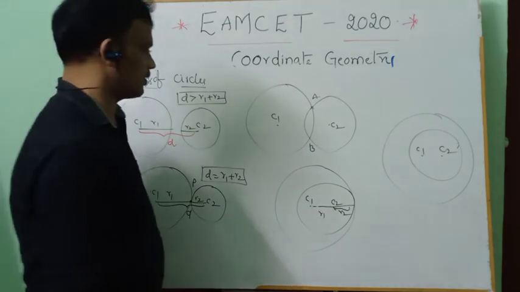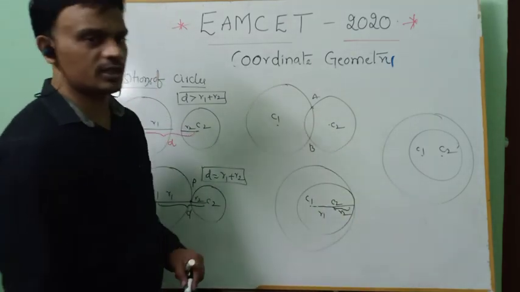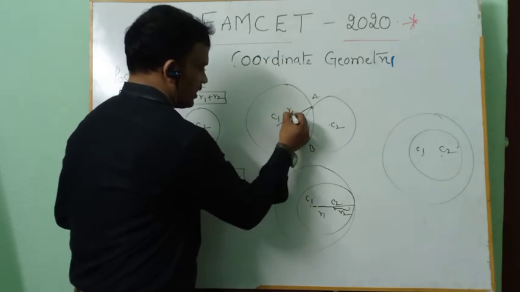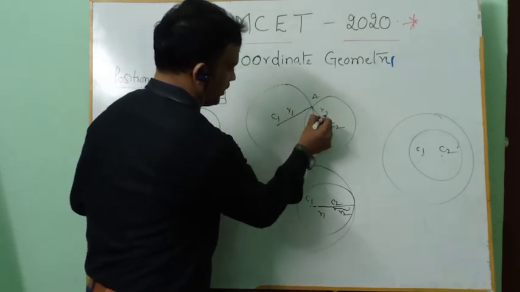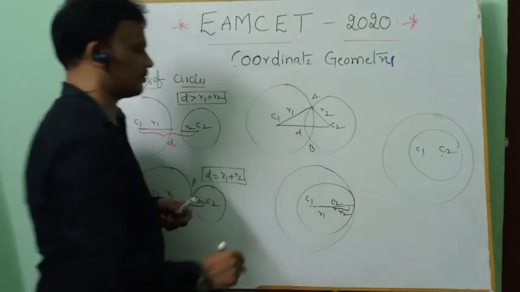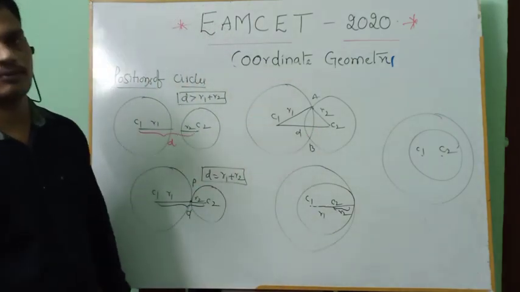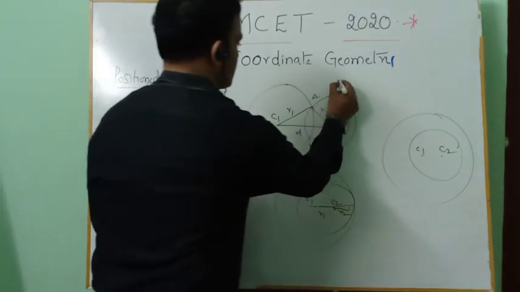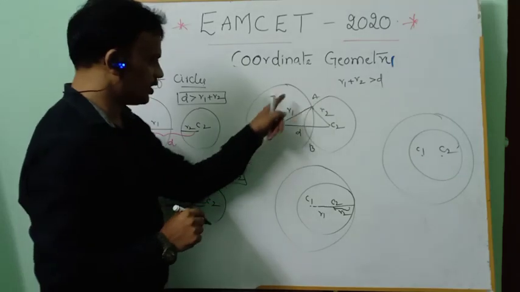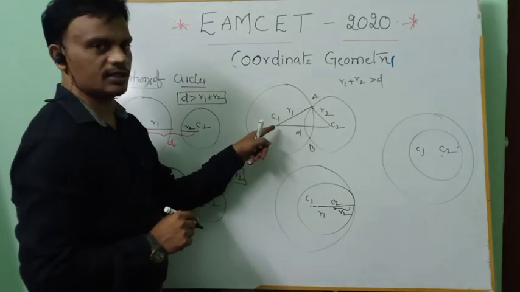Coming to this one. 2 circles are intersecting at 2 distinct points. This is R1, radius of the first circle. This is R2, radius of the second circle. And C1C2, the distance between them, is D. Here it forms a triangle. Can I write like this? R1 plus R2 is greater than D, since the sum of any two sides is greater than the third side.